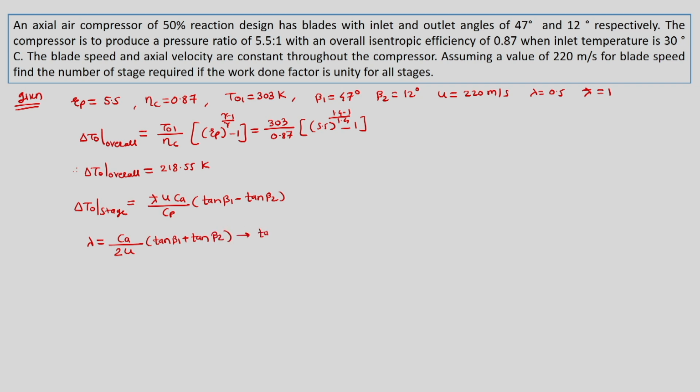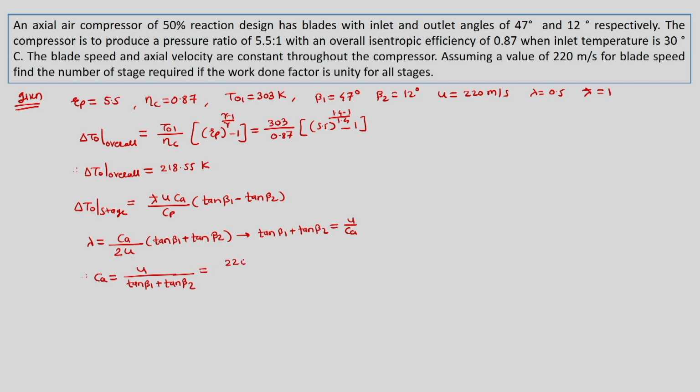So we will have tan of beta 1 plus tan of beta 2 is equal to U upon Ca. So Ca is equal to U divided by tan of beta 1 plus tan of beta 2.